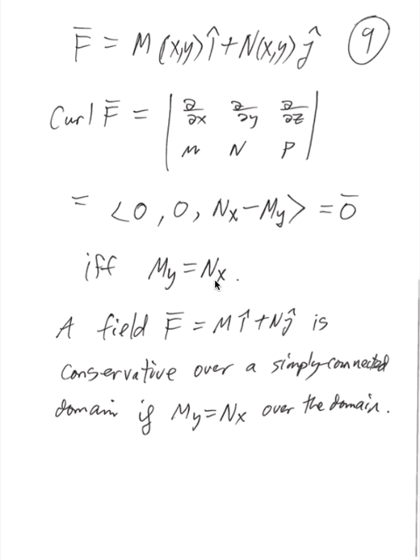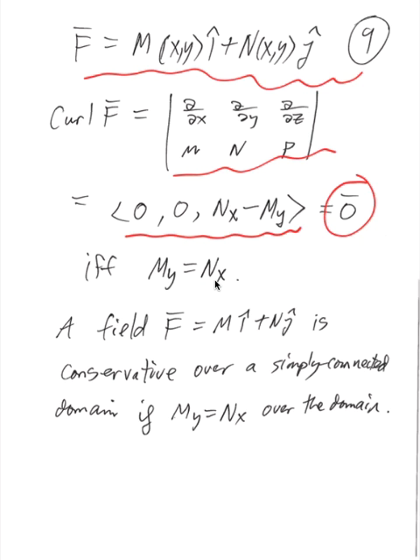By the way, just the shortcut, I mentioned this a little earlier, for saying the curl is equal to 0 in 2 dimensions. If you were to do this in general, in just 2 dimensions, this is what we would get for our curl. Setting that to 0 would happen if and only if M sub y is equal to N sub x.